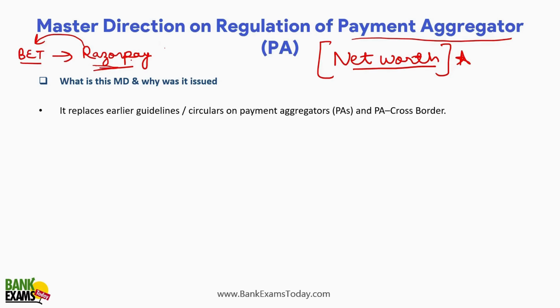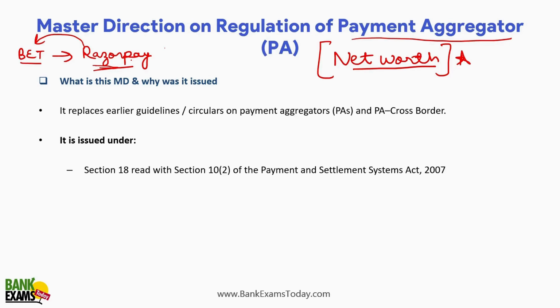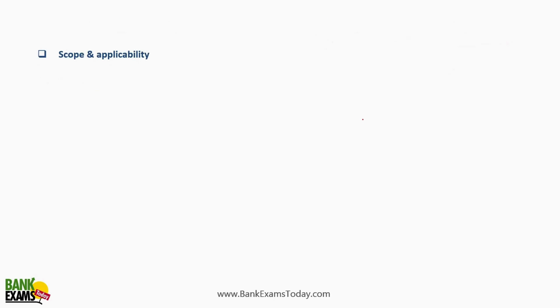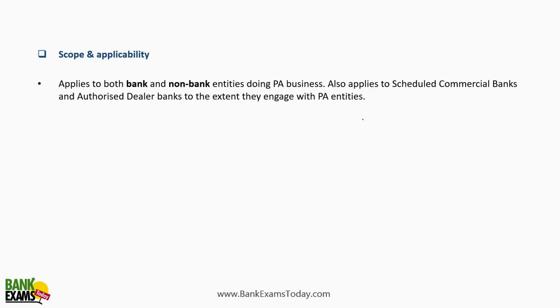There are Master Directions on these payment aggregators, so that is what we are going to discuss. It is issued under Section 18 of the Payment and Settlement Systems Act and FEMA 1999. These guidelines are effective immediately. They apply to both bank and non-bank entities.